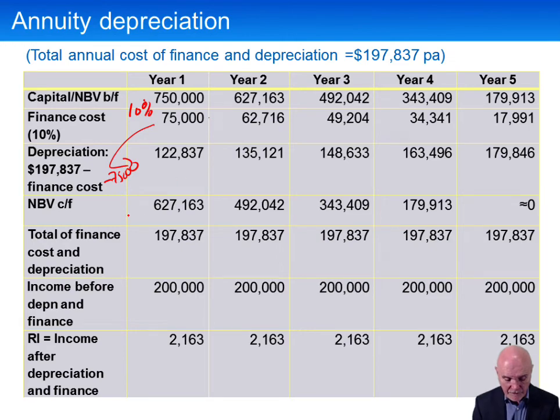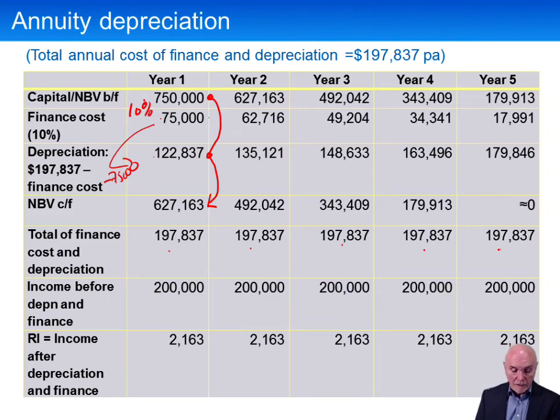So here we have basically the net book value is going to be this less that. Okay, so net book value is the initial book value less the depreciation. The total of the finance and the depreciation is always going to be this 197,837. So, what are we getting here in terms of, say, the residual income?